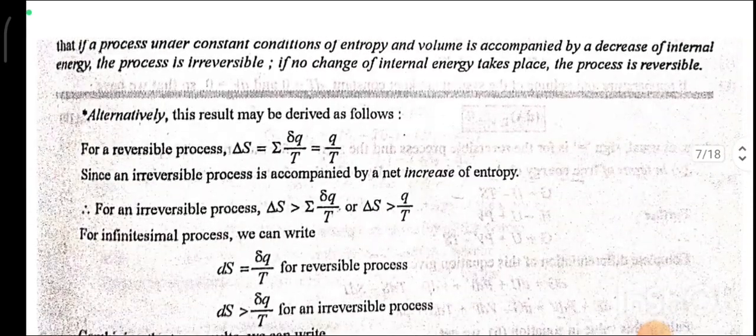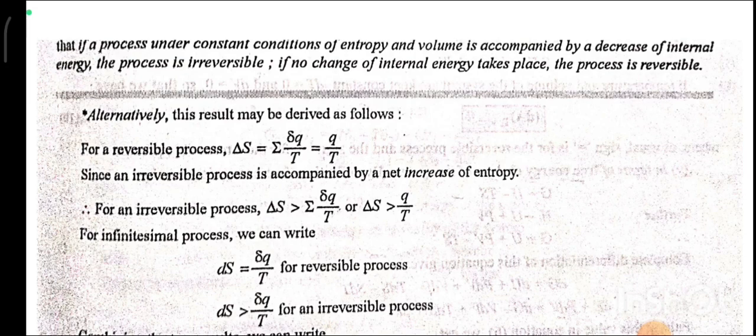Alternatively, this result may be derived as follows. For a reversible process, delta S is equal to summation dQ upon T, or is equal to Q upon T. An irreversible process is accompanied by a net increase of entropy.